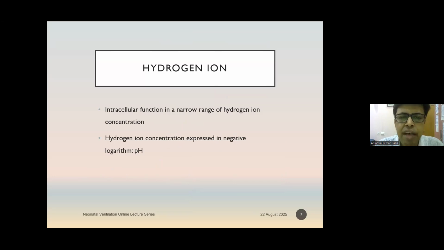Basically, this acid-base physiology is maintained or dictated by hydrogen ion concentration. Intracellular function can operate only in a narrow range of hydrogen ion concentration. If we express hydrogen ion in molar or nanomole quantity, that would be inexpressible. So we express it in the form of a negative logarithm, which is known as pH.